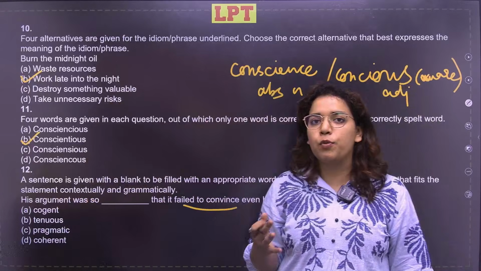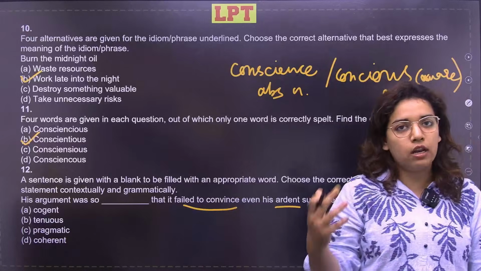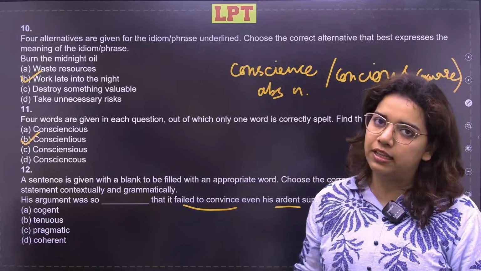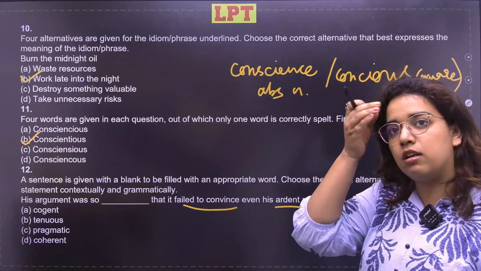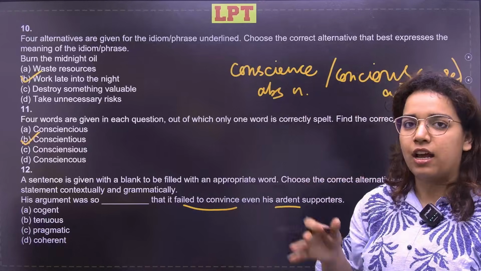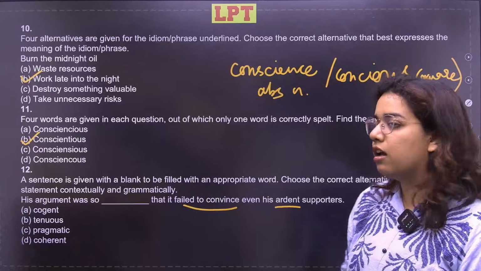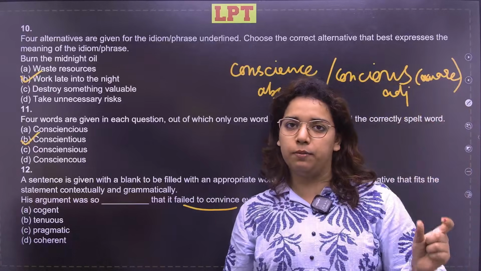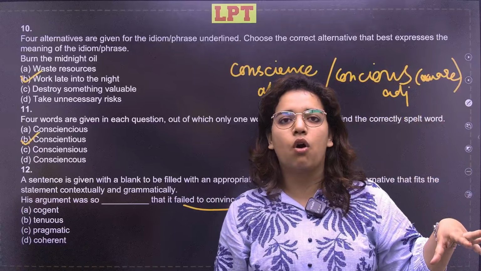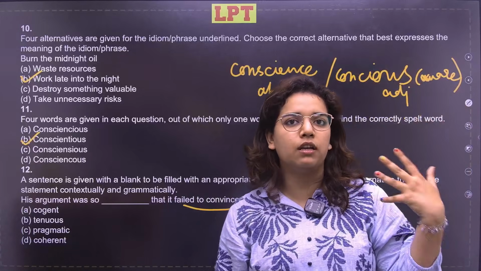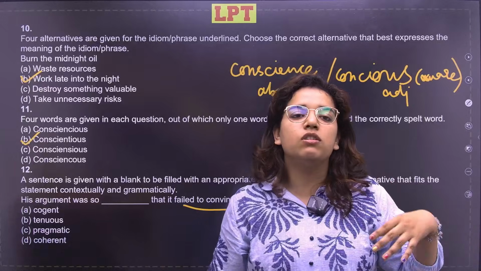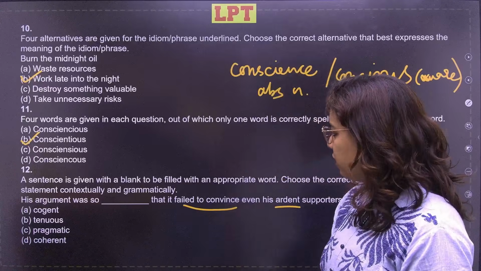And now it's saying that the argument was dash and it failed to convince. So we know that the argument was weak or useless or inappropriate or just something that doesn't fit the situation, because even the supporters are not getting convinced. So cogent means something agreeable, and I just gave you the context that no, we do not need something agreeable, we need something weak or something disagreeable. So I will not select cogent here.